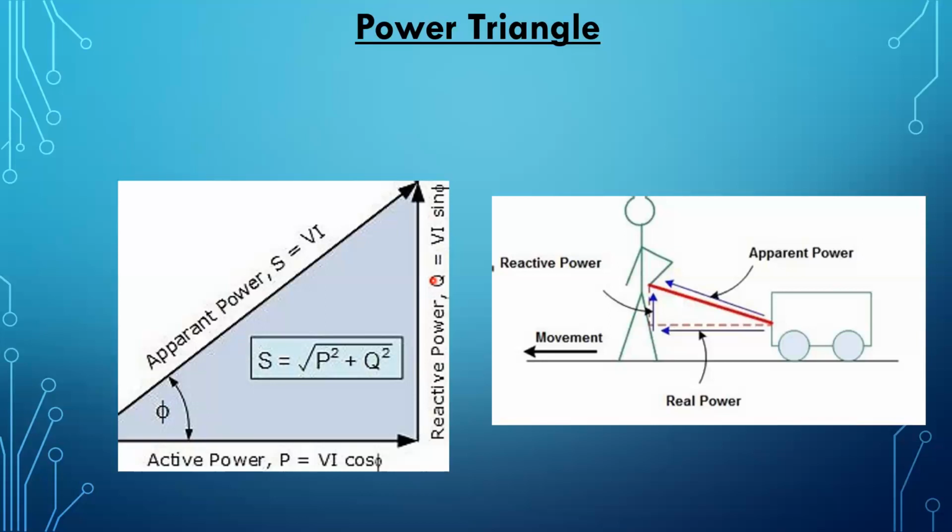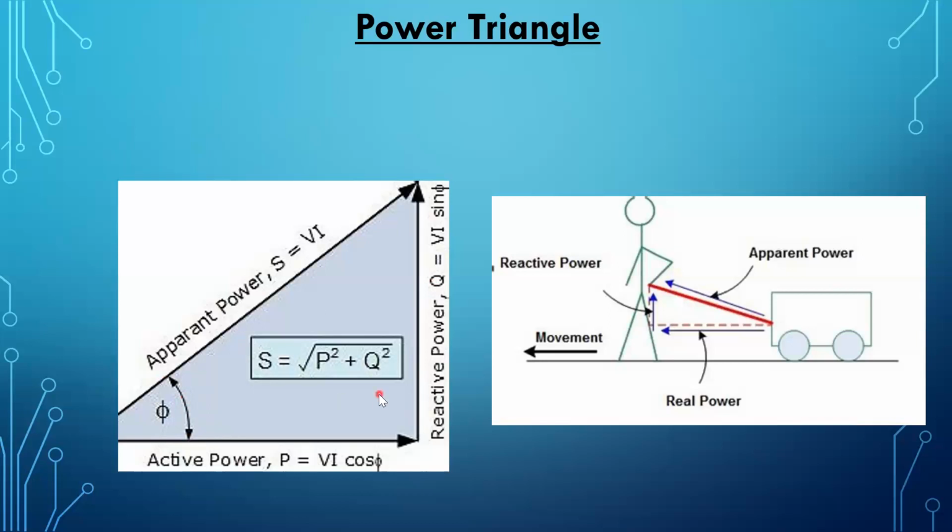This is our power triangle representation, a graphical presentation to show what is active power, what is reactive power, and what is apparent power. It is almost like a right-angled triangle, and this is the angle phi. According to this, the difference is found out.